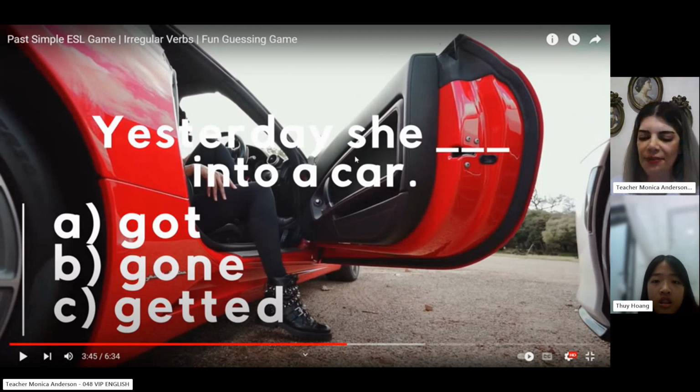Yesterday, she got into a car. Very good. She got. That's great.